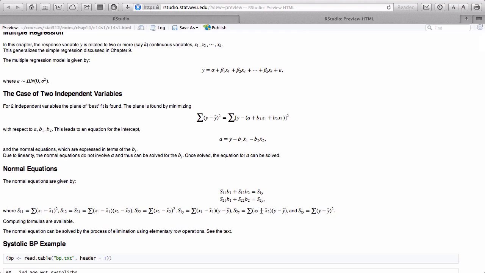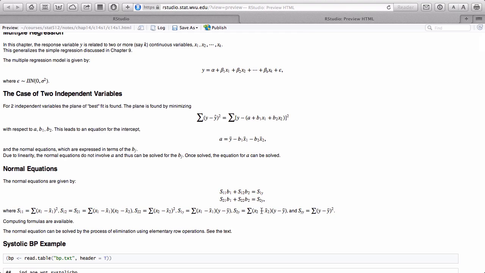So I can solve this system of equations, but of course R does it for you. If you had 2 equations and 2 unknowns, you probably learned in high school, through a simple process of elimination, how to solve simple linear equations in 2 unknowns. And you probably even did it for 3 equations and 3 unknowns. Now it starts to get more tedious if you have too many equations.